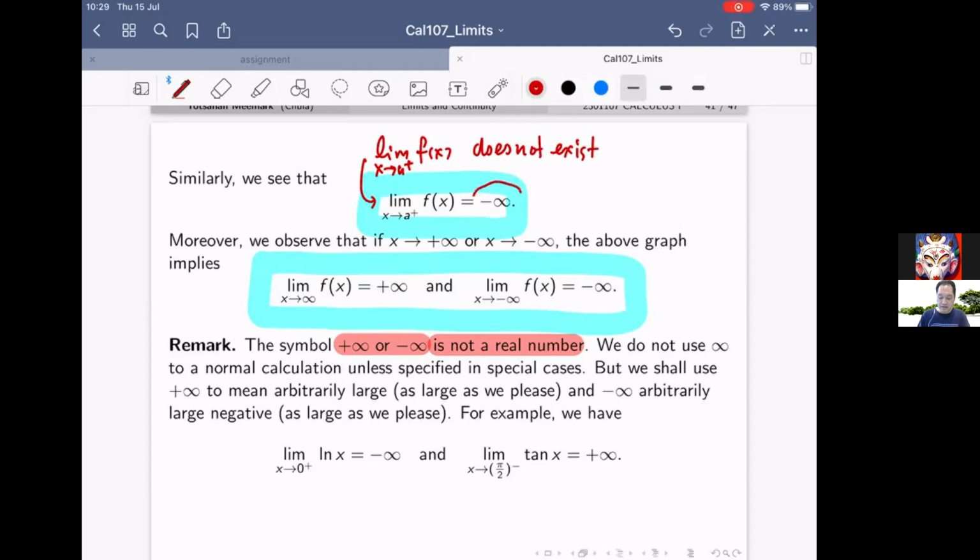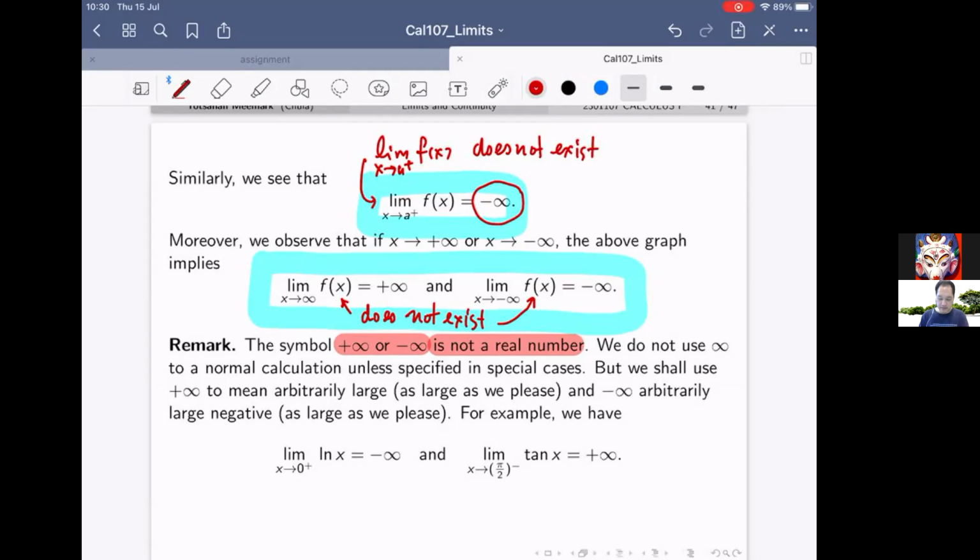However, the behavior or the trend of that function, even though the limit does not exist, we can still describe roughly: as your x goes close to a, it goes to negative infinity. This one as well, the limit does not exist, but the behavior of a function close to that value becomes either positive or negative infinity. Are we okay? Okay.